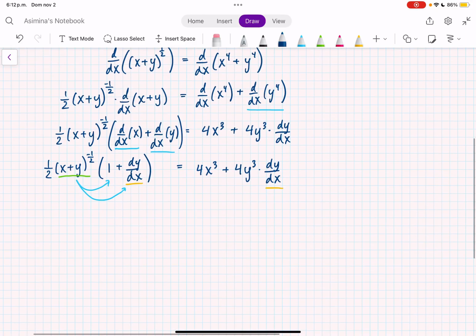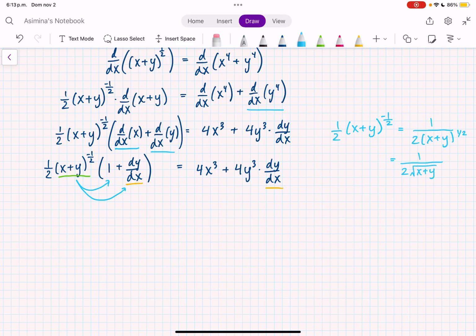So this becomes, well, first I should say, what does that become? 1/2 times (x plus y) to the minus 1/2. That's equal to 1 over 2 times (x plus y) to the 1/2, because the exponent is negative, and that's equal to 1 over 2 times the square root of x plus y. So that's what this green portion here is equal to.